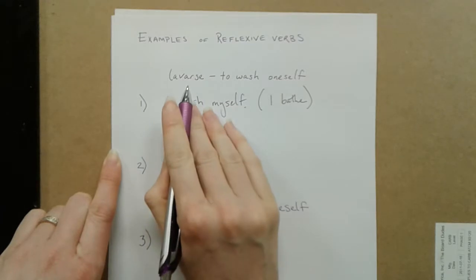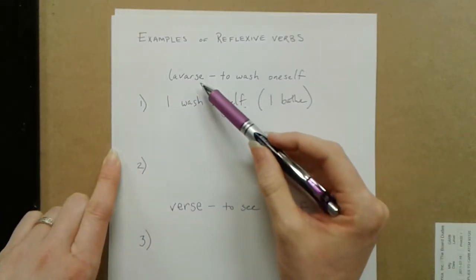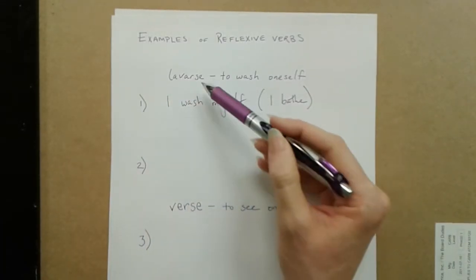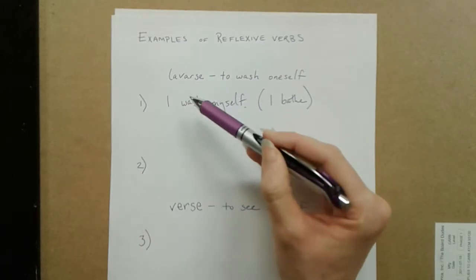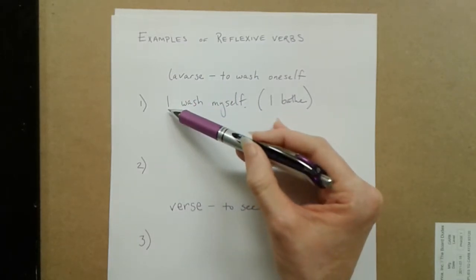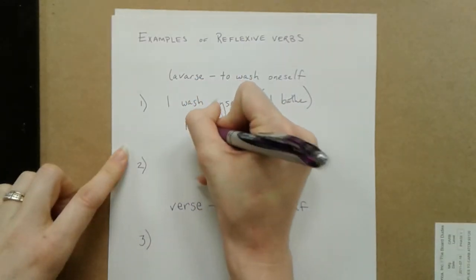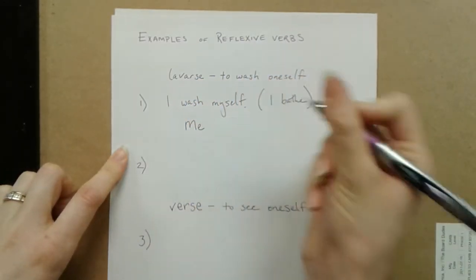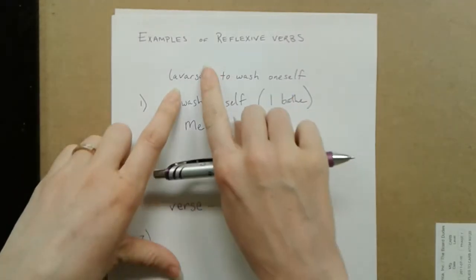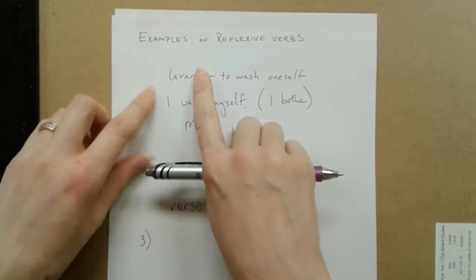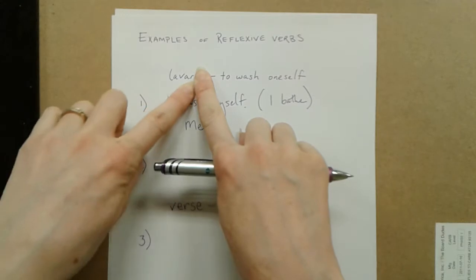So we're using lavarse. So if we go back to our steps, first we're going to deal with the reflexive pronoun. And since we're talking about I, me is the reflexive pronoun that we want. Me. Now we already took care of the se at the end. Now we're just going to look at lavar.